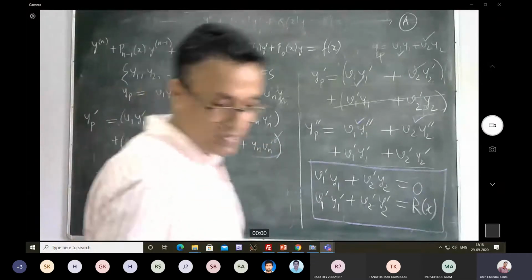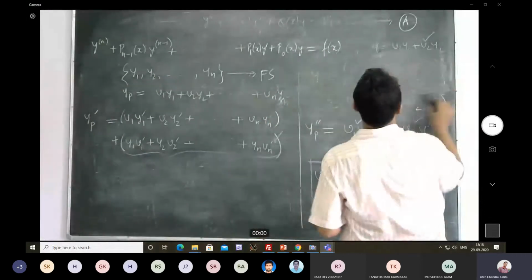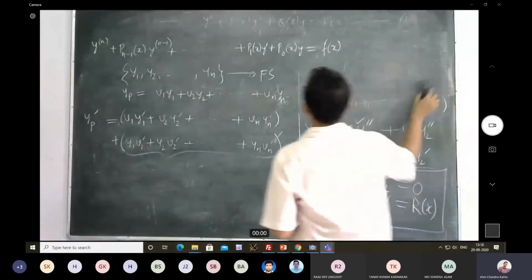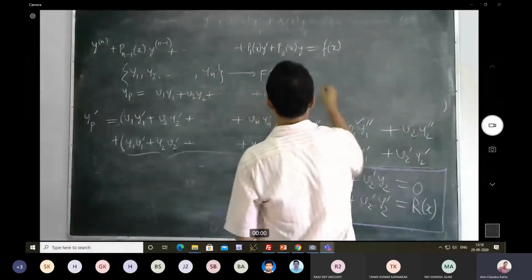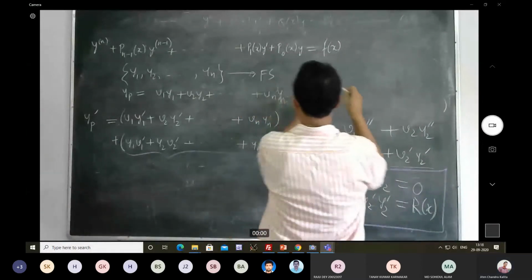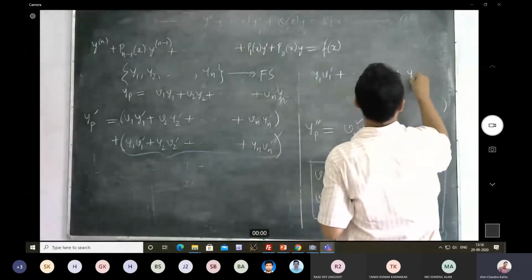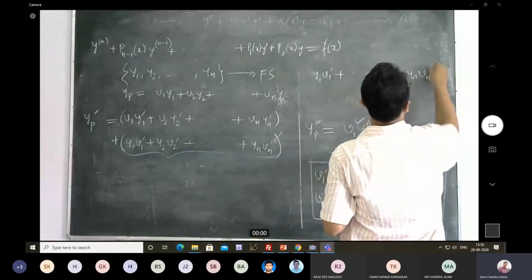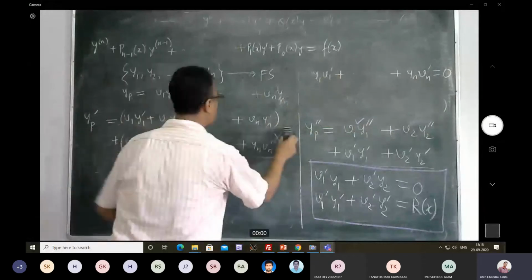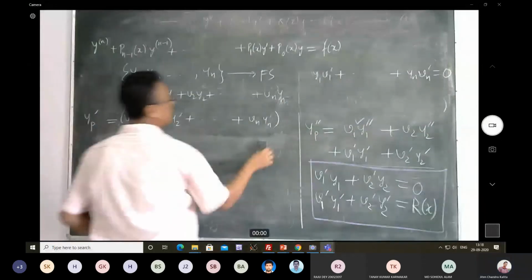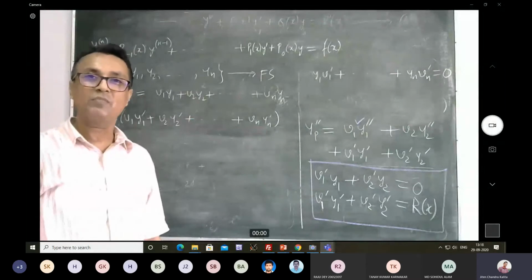So let me try to write it down systematically here somewhere. Okay, so the first equation I got, you will understand, this is equal to 0. Fine. So since I have already plugged this in as 0, that means my yp prime is this. Is it okay with everybody?